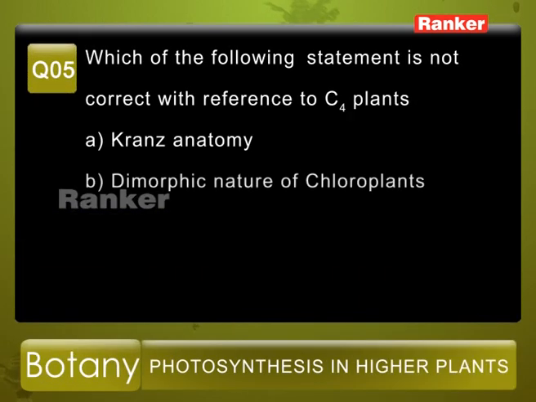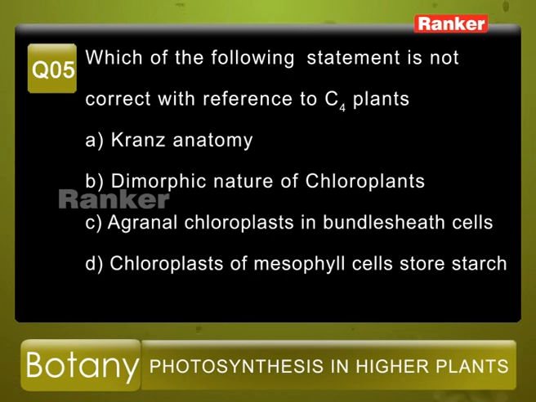Question number 5. Which of the following statements is not correct with reference to C4 plants? Options are A. Kranz anatomy, B. Dimorphic nature of chloroplasts, C. Agranular chloroplast in bundle sheath cells, and D. Chloroplasts of mesophyll cells store starch.